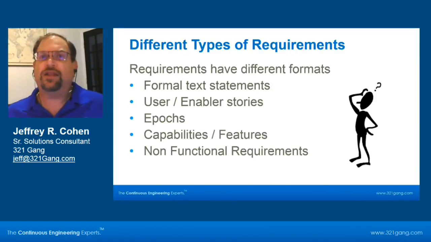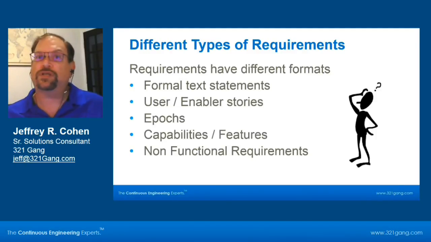Capabilities and features tend to be what most people think of when they think of use cases. Frequently, people just use those terms interchangeably. But a capability or feature of the system is something the system does. It can be just a short sentence, but it can also include a lot more detail. And in use cases, we do show all of that detail.